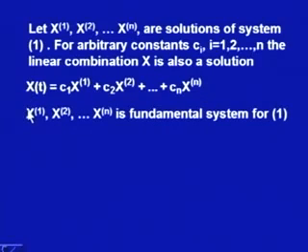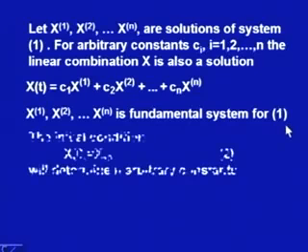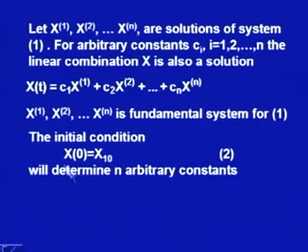If we can write down the solution as x(t) consisting of this, then we say that x1, x2, xn is a fundamental system for 1. The initial condition is x(0) equal to x10. If we denote the initial condition in this manner, then when we substitute this initial condition here, all these constants c1, c2, cn can be obtained.